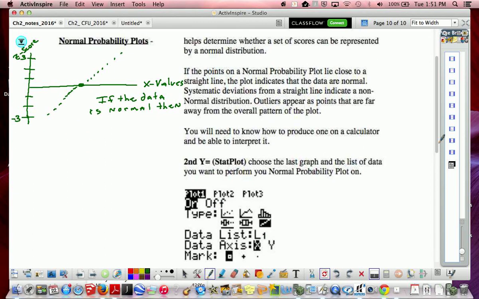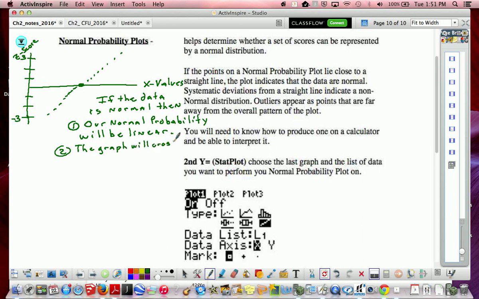Yeah, there it did. So, if the data is normal, then 1, our normal probability plot will be linear. 2, the graph will cross the x-axis at the center of the line.